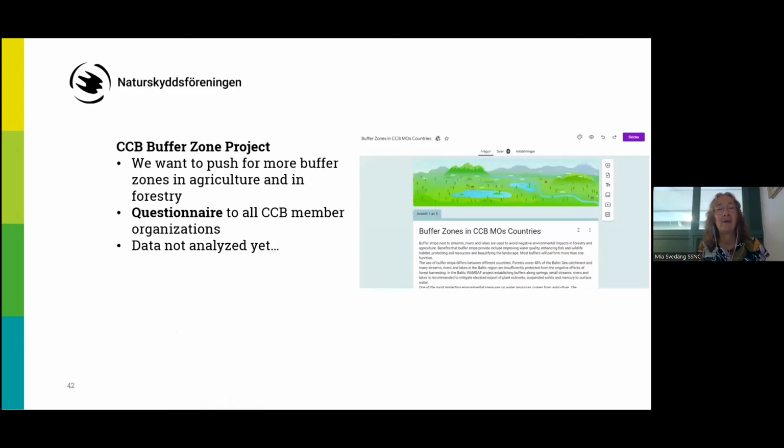In Coalition Clean Baltic, we are having a buffer zone project, because we want to push for more buffer zones both in agriculture and in forestry. So we have had a questionnaire to all Coalition Clean Baltic member countries and organizations, and everyone has had the opportunity to go in and fill in how it is in his or her country.